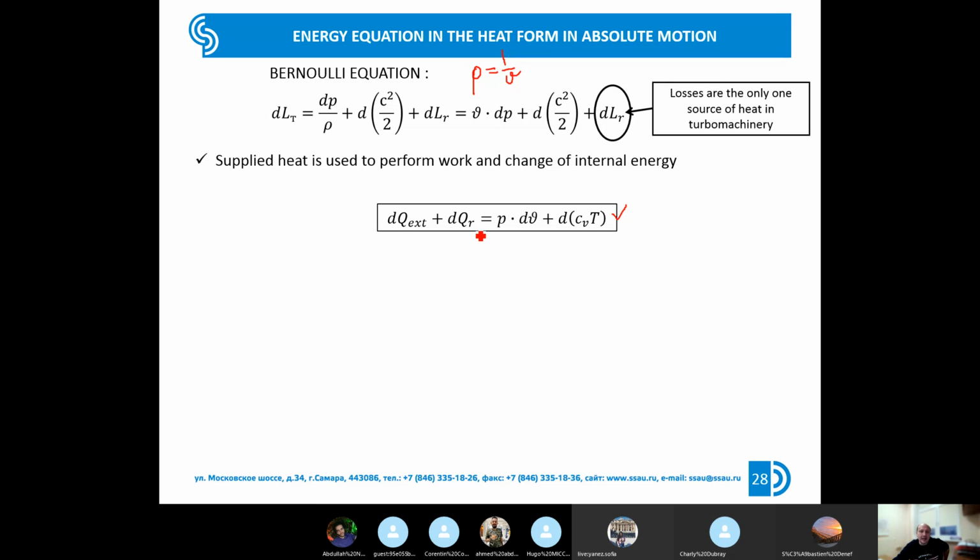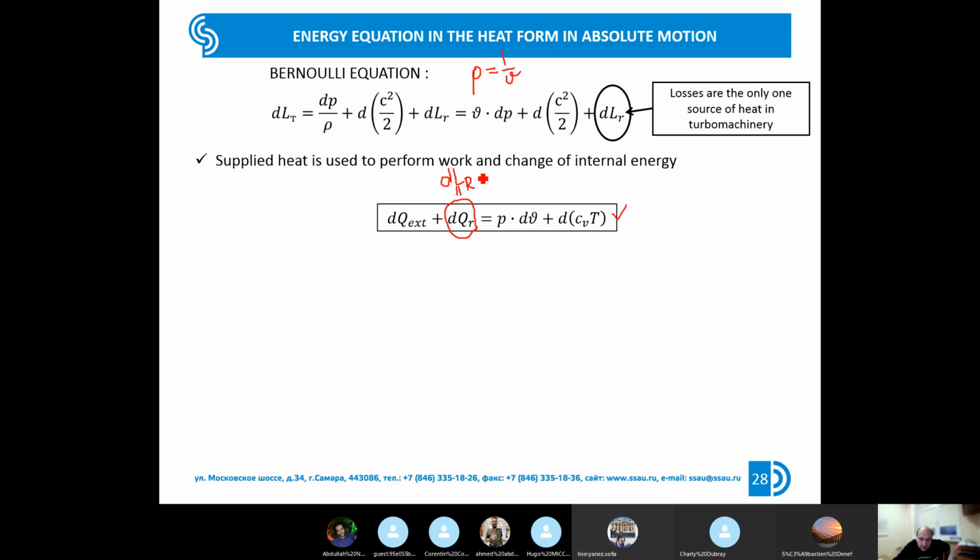In our case, we have an internal source of energy, and this internal source of energy is equal to the energy which we spend to overcome hydraulic losses. That's why we will consider that this internal energy is equal to the specific work which we spend to overcome hydraulic losses.